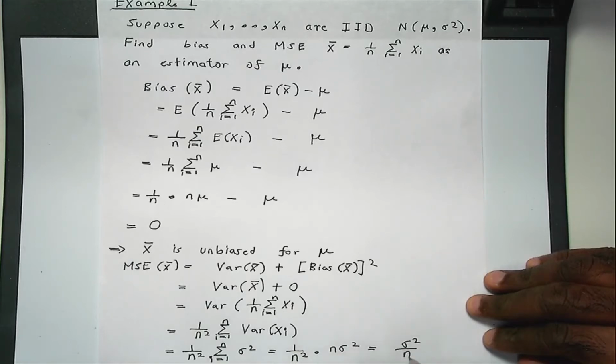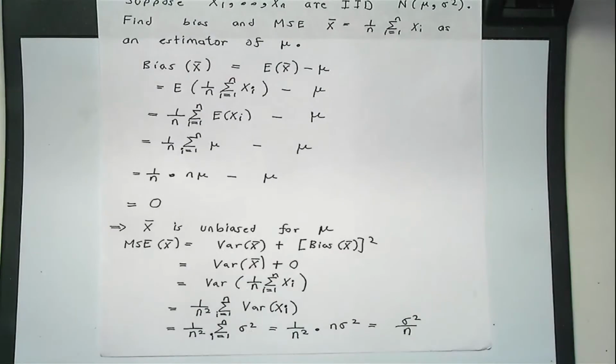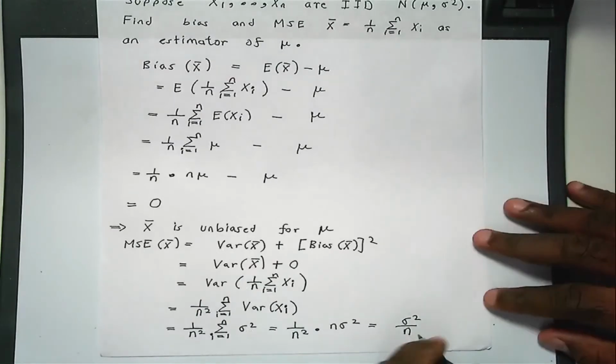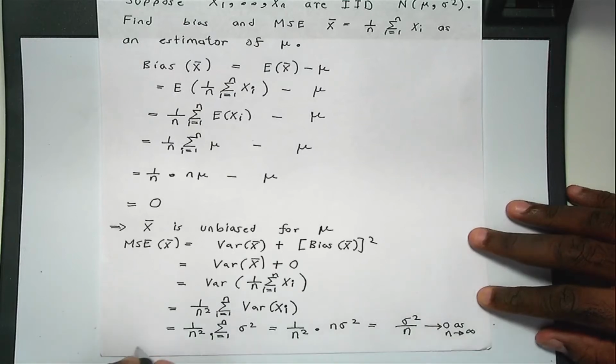So this is your MSE, or the mean squared error, right? And as n approaches infinity, this goes to 0. Right? So this implies that x bar is consistent for mu.